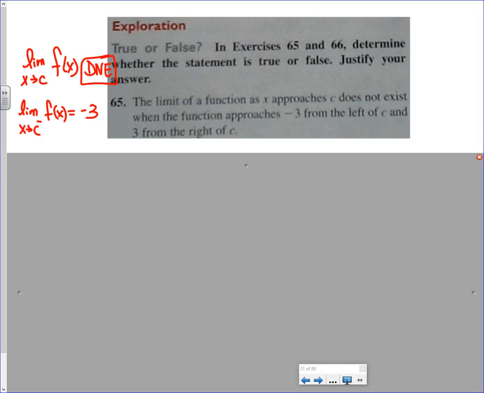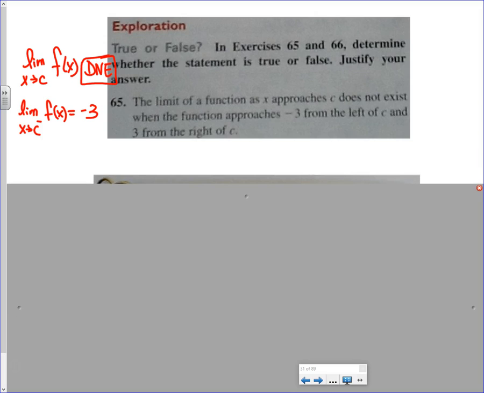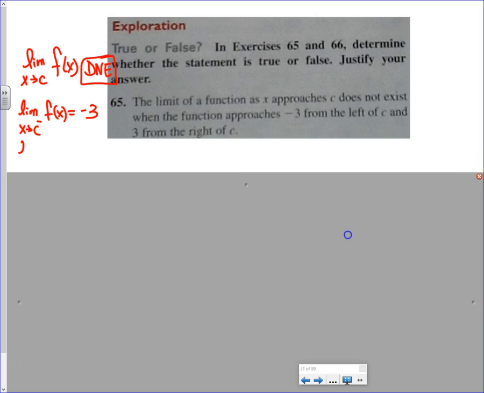When the limit of the function is -3 as x approaches from the left of c, and from the right, which I'm kind of just jumping ahead, from the right of c, right? The limit is what? Does this make sense? Red cars going there, blue cars going there. The question is, are they approaching the same? And the answer is, most definitely not.